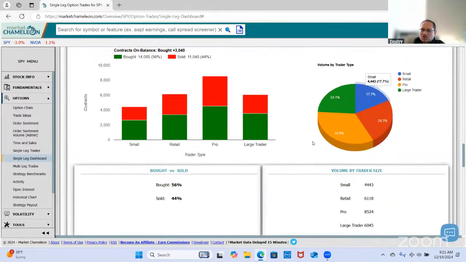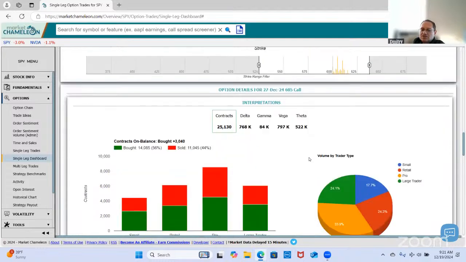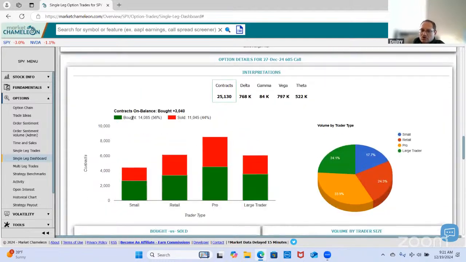Okay, so this is the top. These are the total number of contracts that traded in here. This is the delta, the total delta value of all the options, the total gamma, vega, and theta. And this is a breakdown, our interpretation of the single leg options that came in as bought order flow versus sell order flow.